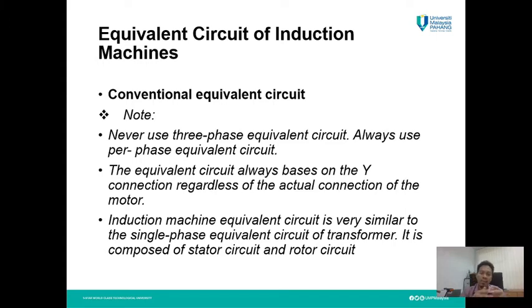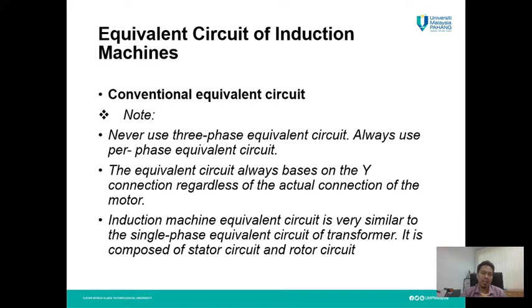Okay, to derive the equivalent circuit based on the IEEE standard, we need to consider three things. Number one, even though the circuit is based on a three-phase induction motor, for the equivalent circuit we need to use the per-phase equivalent circuit, so the analysis is only based on per phase.